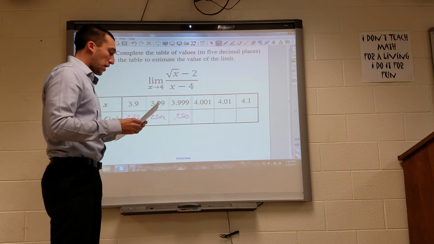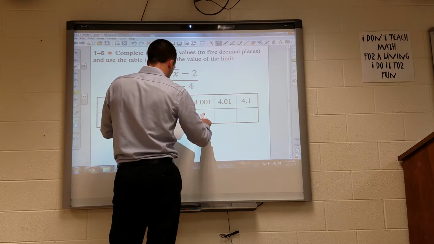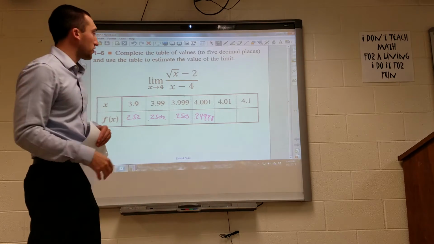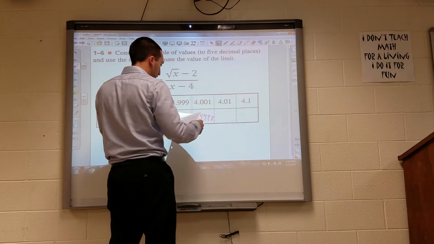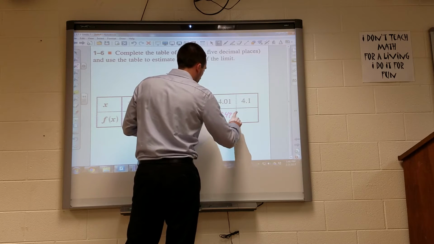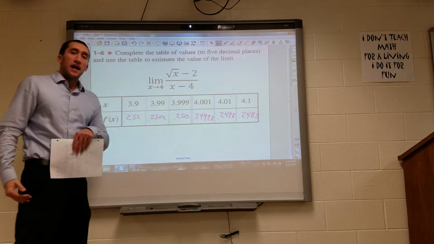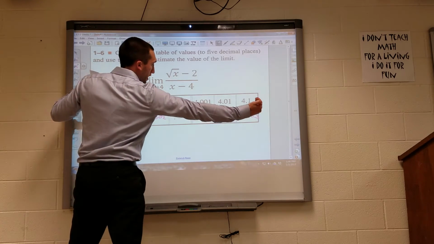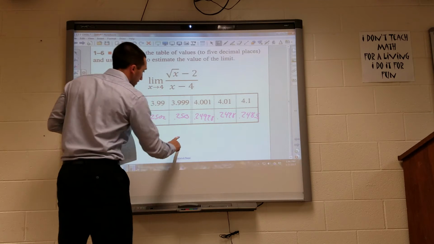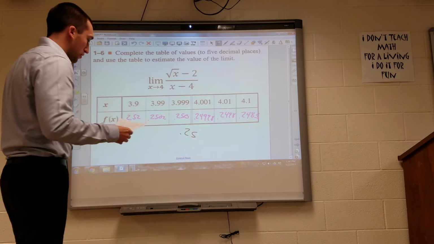0.250. Likewise, when we're above 4, we get 0.24998, so very close to 0.25. And as we get a little bit further away, obviously we're getting a little bit further away from 0.25. But as we go from further away and go towards 4, we can see that I'm approaching 0.25 or 1/4.